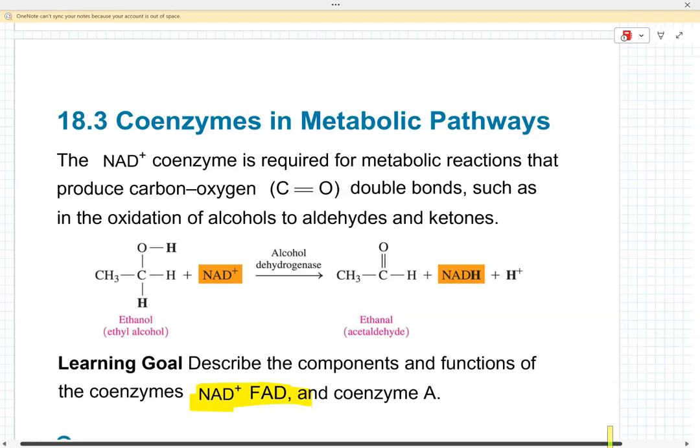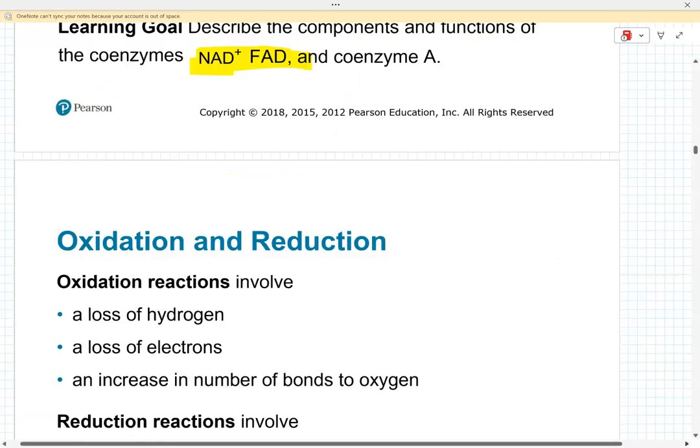Okay? Hear me out. You have an enzyme that is supposed to do something, right? It cannot do it without a coenzyme. It is required for the enzyme to function. So let's figure out how they are required.